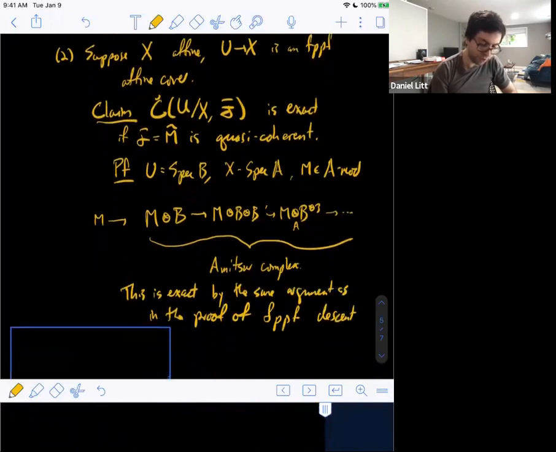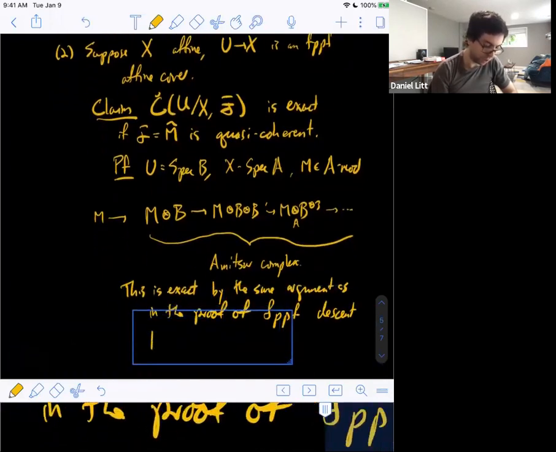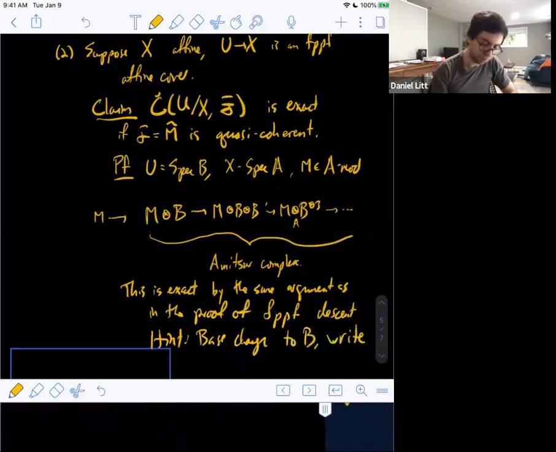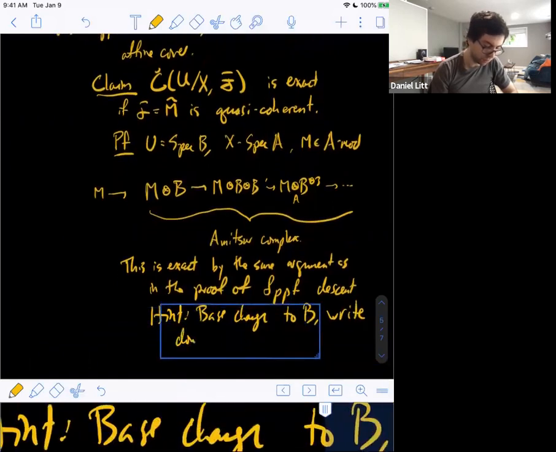And I won't give you the details, but I'll write down the hint. So base change to B, and then write down a null homotopy using the section.